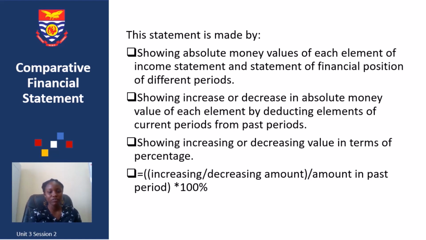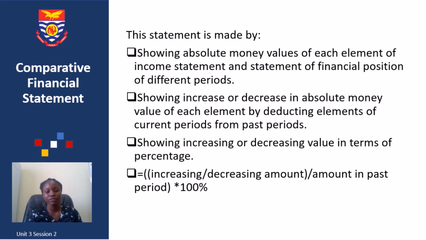So let's say for inventory, which is an element in the statement of financial position, and it's also a current asset. You take inventory for 2015-16 down to 2022, and then you find the increase or decrease from year to year.